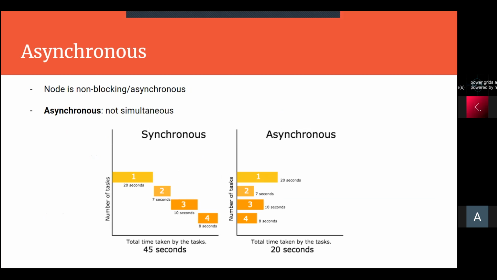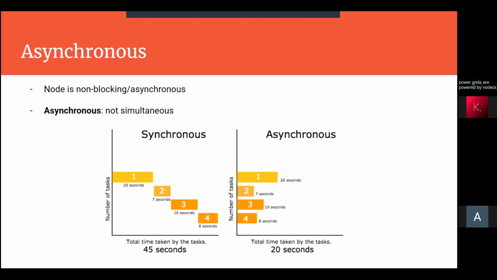In the case of programming, if you have a series of tasks, 1, 2, 3, and 4, which take 20, 7, 10, and 8 seconds respectively, like in this example, doing the tasks synchronously would mean you'd do them one by one after each other, and the total time would be the sum of the times for each task.